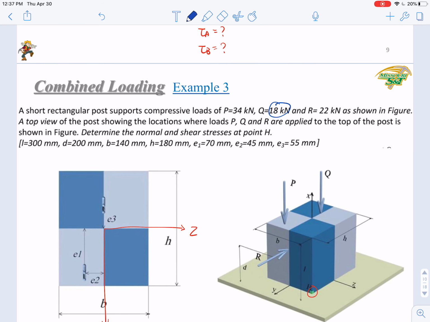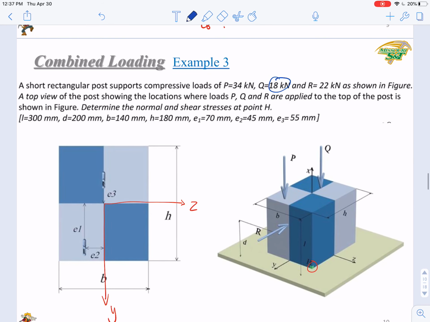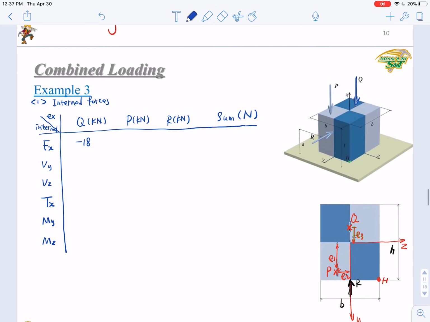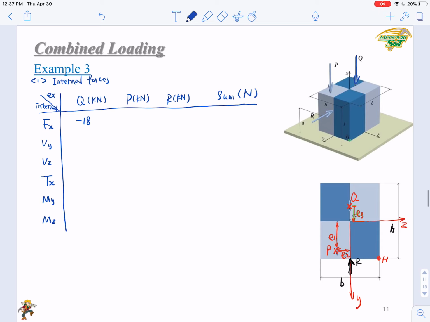Q is negative 18. So it's pointing down, compression, right? Negative 18. Will it have y components? No, so no y. Since it's along x direction, so no yz components. How about Tx? Will it contribute to Tx? No, it's 0, right? Since it's parallel to x.